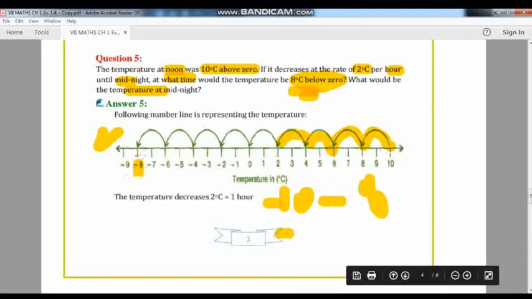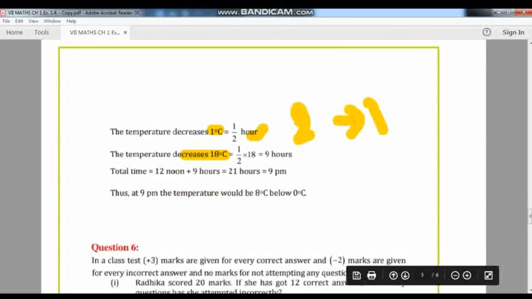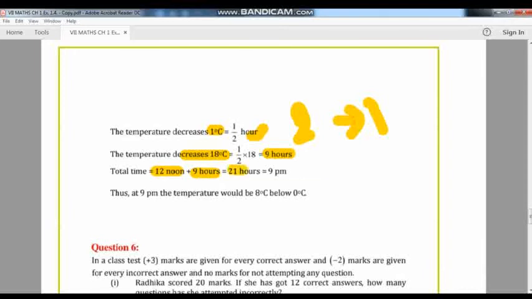So the answer will be minus 18. Clear? So it is getting decreased by 18, so it will take 9 hours. Now we have to take out the time. So it was 12 noon, and 9 hours plus, so it is 21 hours. Now 21 hours means 9 p.m. So it will be 9 p.m. when the temperature will be 8 degrees below 0.